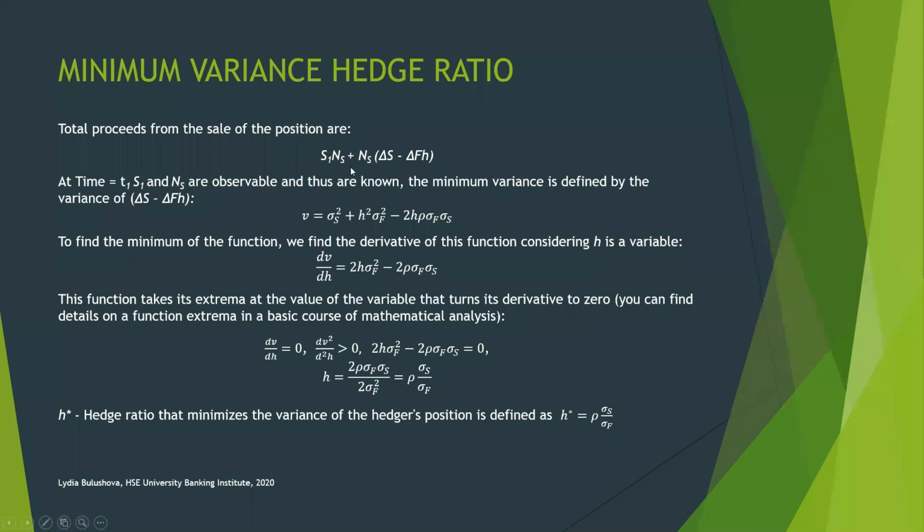N sub S is what we have; we cannot affect this number of units of asset. And this part, we'd like to minimize. We have to find H to minimize these. That's why the minimum variance is defined by these parts only, because the rest is known and observable.